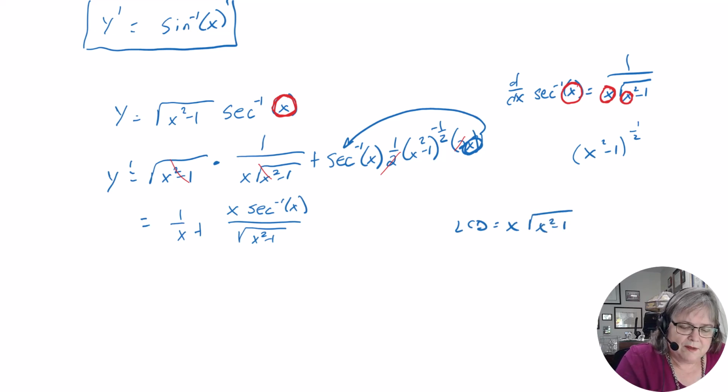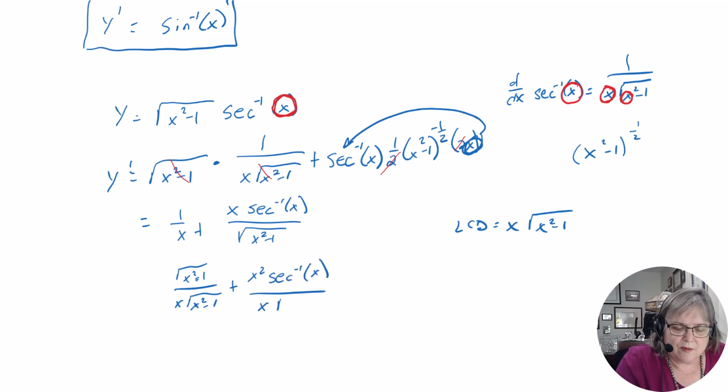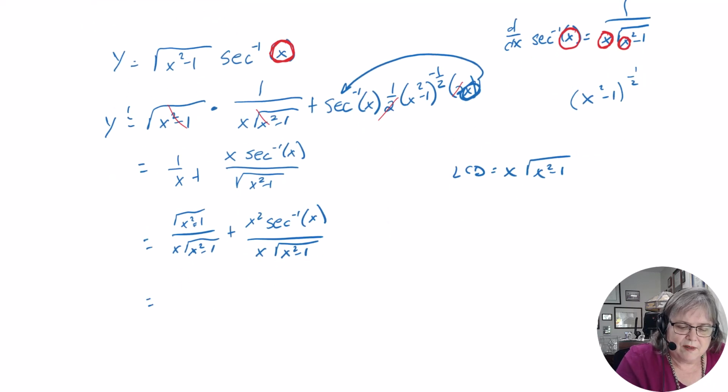So this would be the square root of x squared minus 1 over x times the square root of x squared minus 1, plus x squared inverse secant of x over x square root of x squared minus 1. So you would have x squared minus 1 plus x squared inverse secant of x over x times the square root of x squared minus 1.